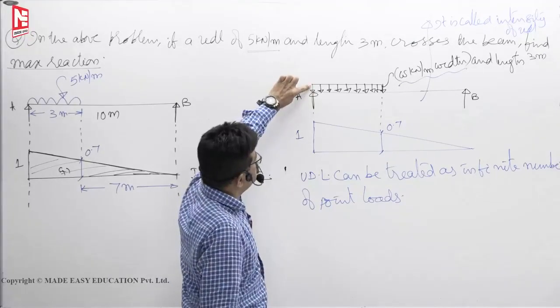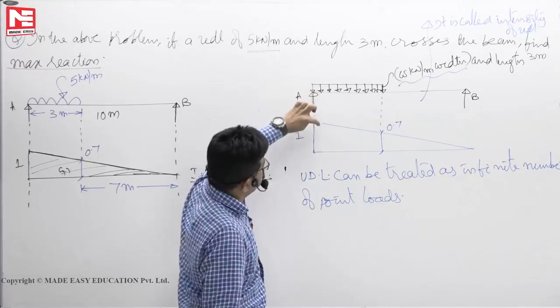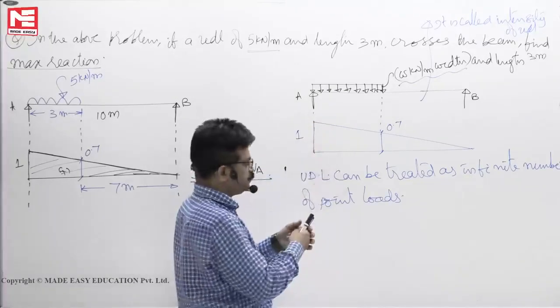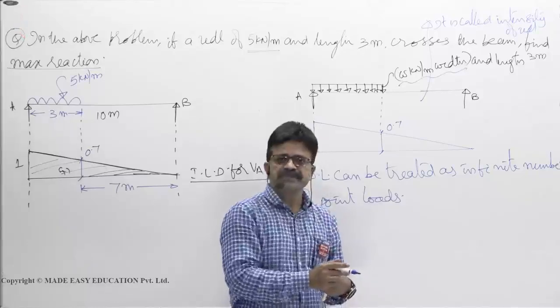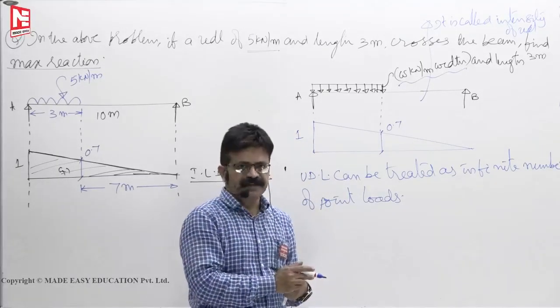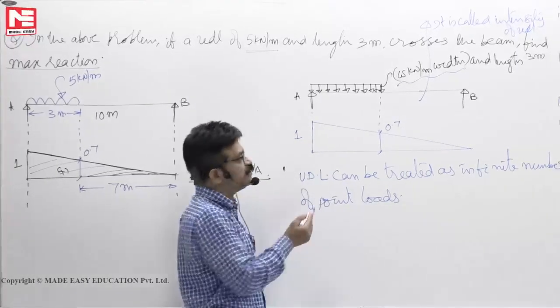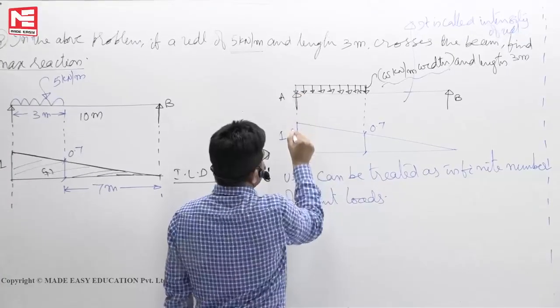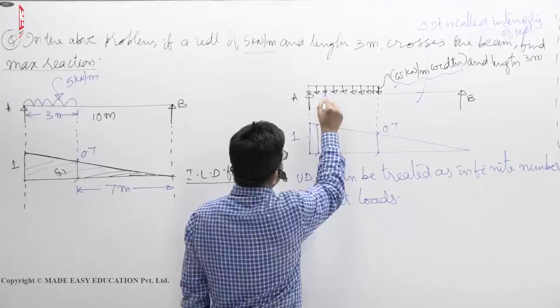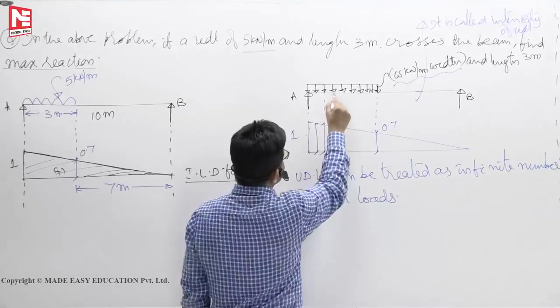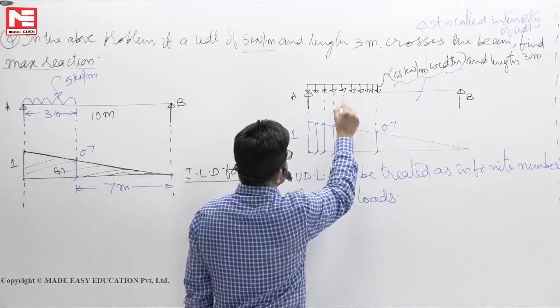So W into 1, next W into a lesser value, this W into a lesser one, like this.